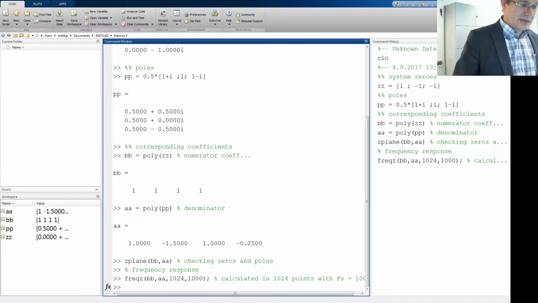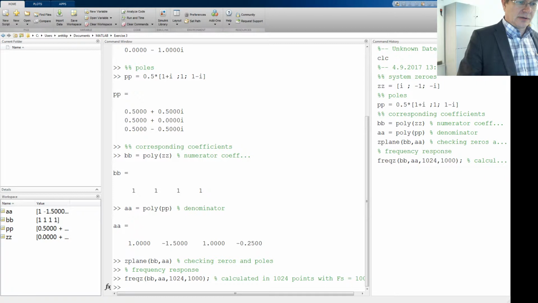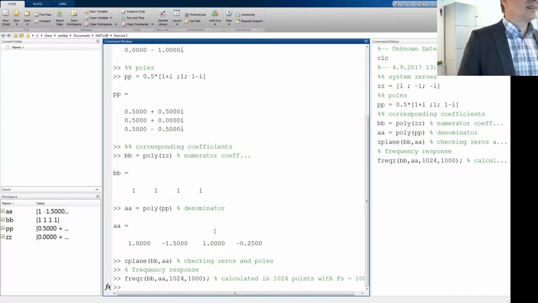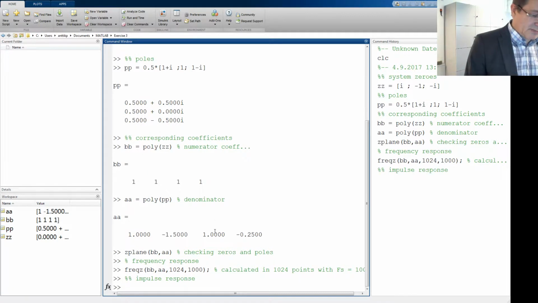What else? Let me take a quick look here. Oh yes, the impulse response. For that one, we need an impulse. First, we need some indexing here, for example, -2 to 14.